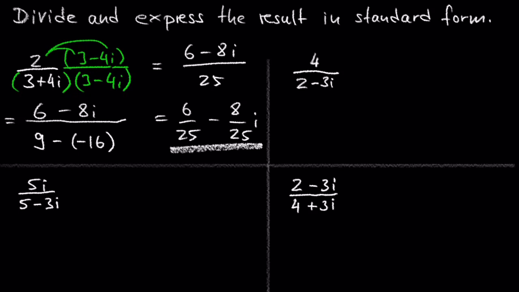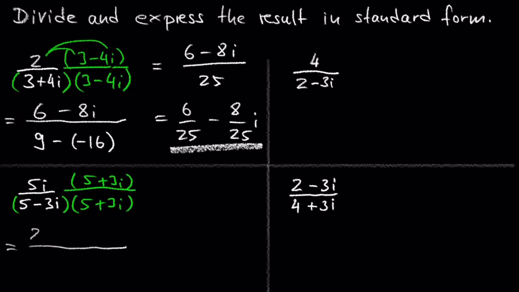The conjugate of 5 minus 3i is 5 plus 3i. So we get 5i times 5 is 25i, and 5i times 3i is negative 15. 5 squared is 25.